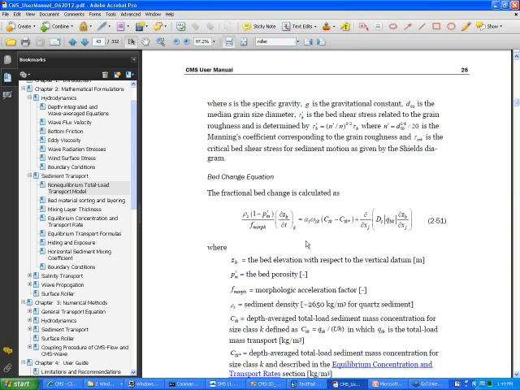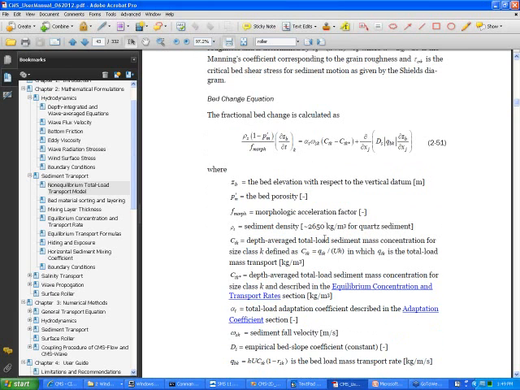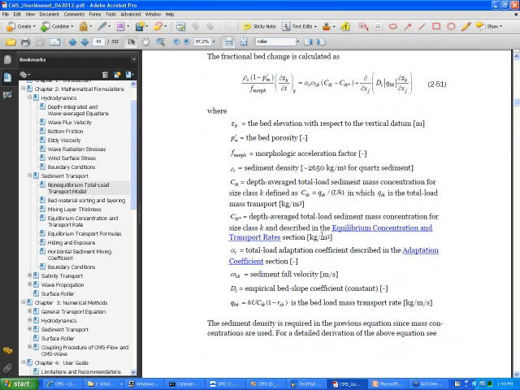F sub morph is a morphologic acceleration factor. This is what other folks, like the Delft folks, call the Morfac factor. It's intended to speed up the simulation, or speed up the bed change. We don't use it very much, but in literature you'll find people use numbers on the order of 100, but we don't like to do that.